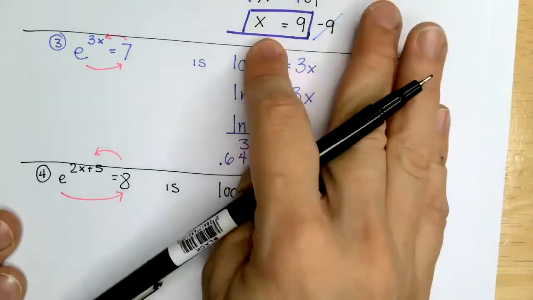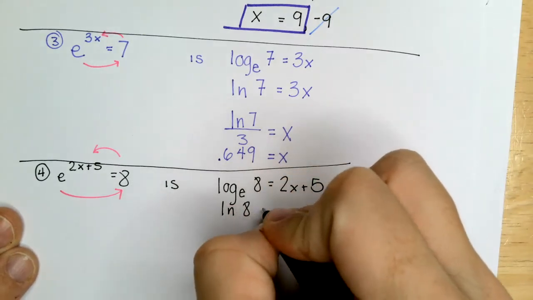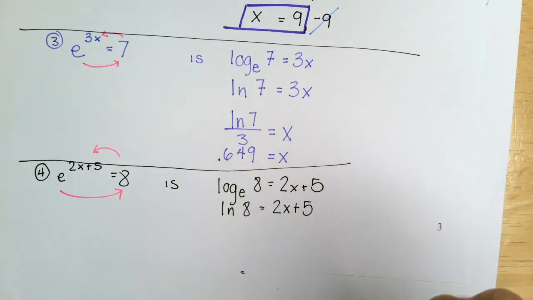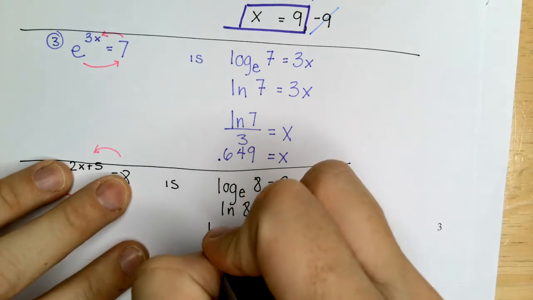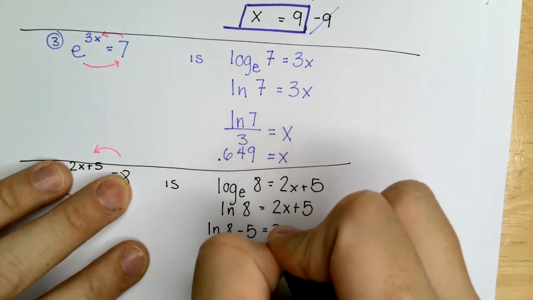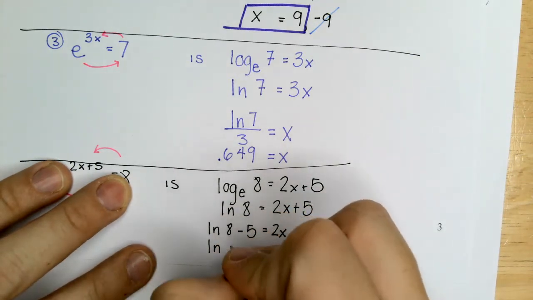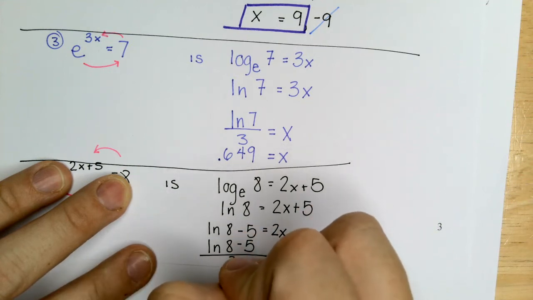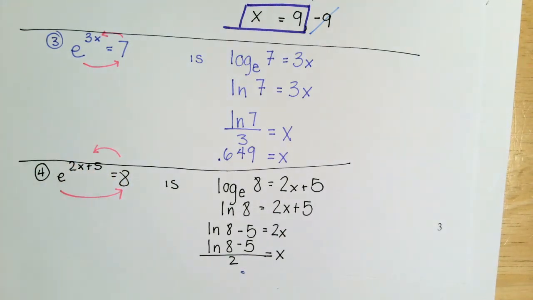And what we will practice up here is log e translates to natural log of 8 equals 2x plus 5. Good? We're going to subtract 5. We're going to say natural log of 8 minus 5 equals 2x. We're going to divide by 2 and say the natural log of 8 minus 5 divided by 2 is x.